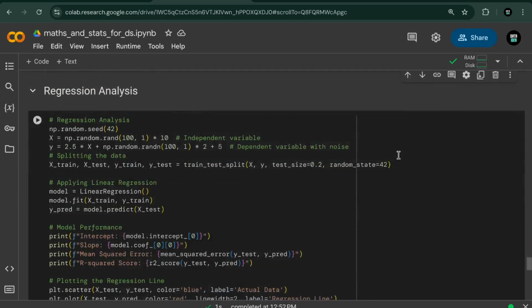So finally, we shall talk about regression analysis. Regression analysis helps us understand relationships between variables, usually numeric, and understanding those relationships can help us predict outcomes, an extrapolation, extending the understanding.